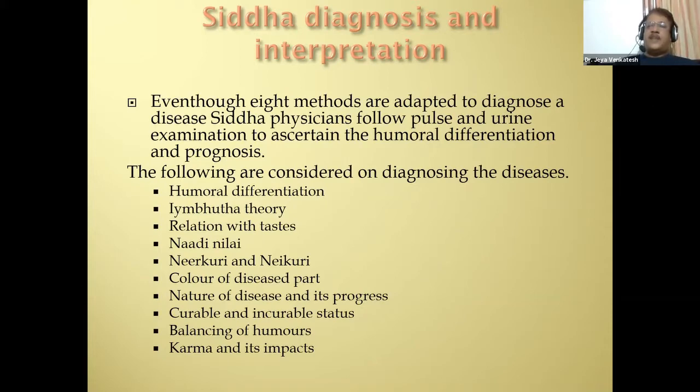The Nadi can be read in 10 places of the body, and the pulse felt in the radial artery is very important to assess the disease. Neerkuri and Neikuri, that is diagnosing the disease using urine analysis and urine oil reaction methods. And the color of the diseased part is very important, whether the disease is related with Vadam, Pittam, or Kabam.